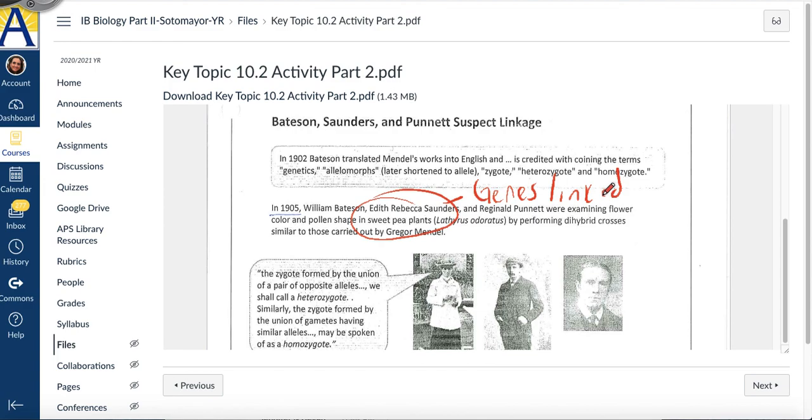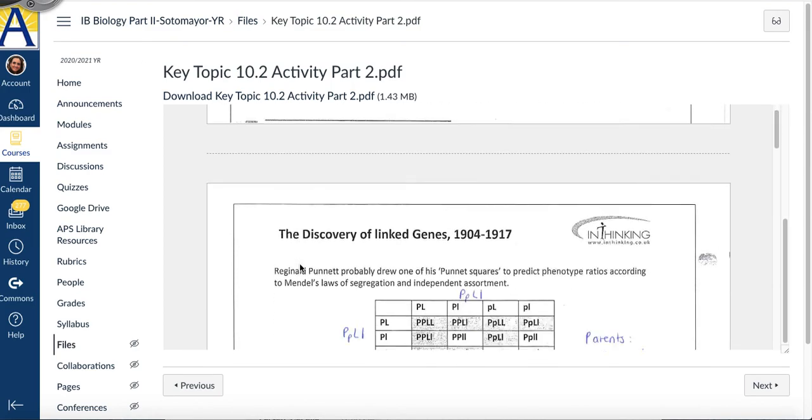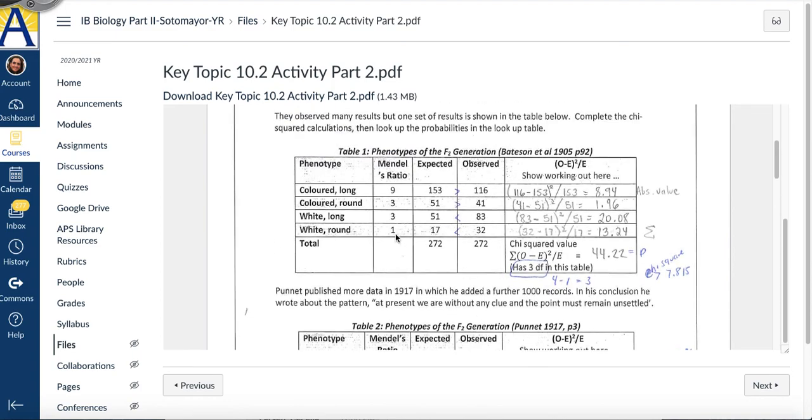Mendel was looking at unlinked genes and independent assortment. These guys were looking at genes that were linked, found in the same chromosome, with some form of recombination, but most of the offspring were like the parents. Okay? So this helps us understand the value of a chi-square analysis table, right?